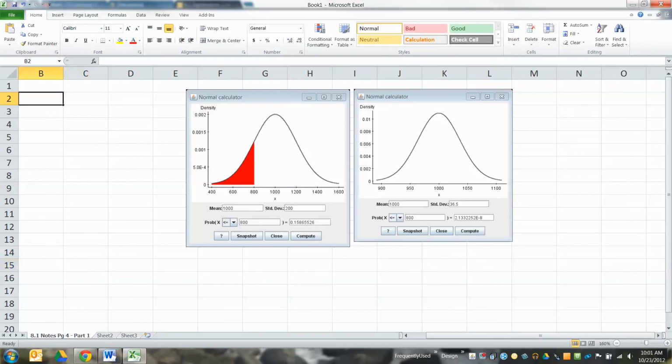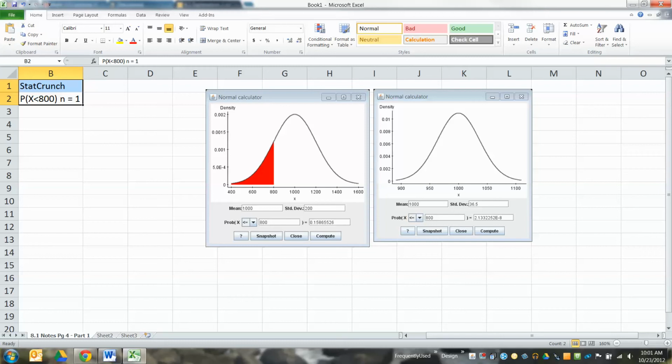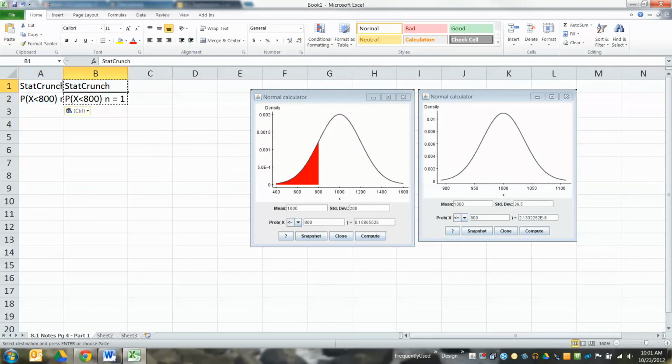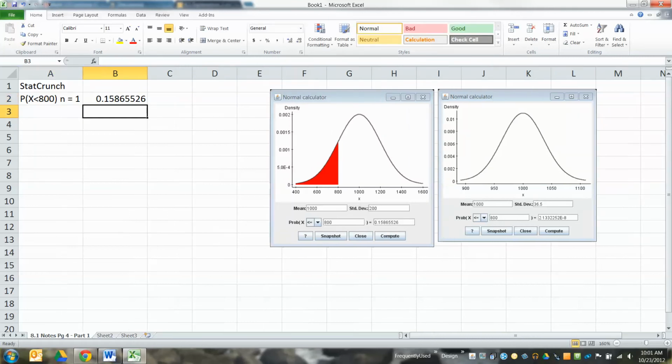Okay, so we can see that the probability that x is less than 800 when n is equal to 1 is equal to, and this is from StatCrunch, so I better label it as such, 0.15865526.